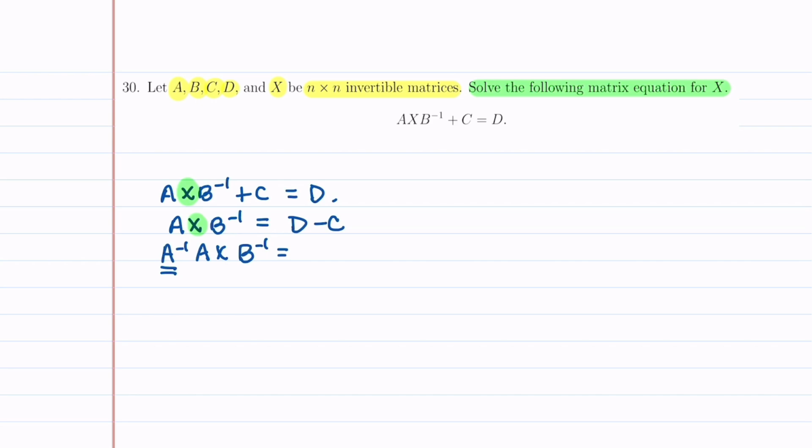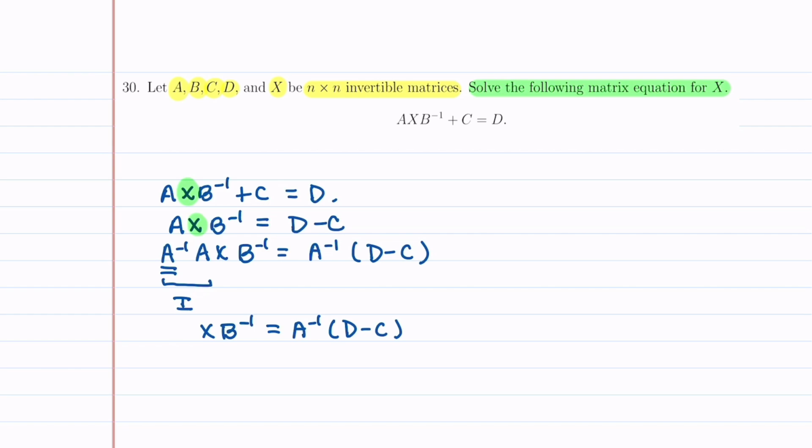We have to do that same thing on the right side of our equation. So we have to squish in A inverse on the left and multiply it by D minus C. This then becomes our identity, which is like multiplying by 1, and we can just get rid of it. So what we have left is X B inverse is equal to A inverse times D minus C.